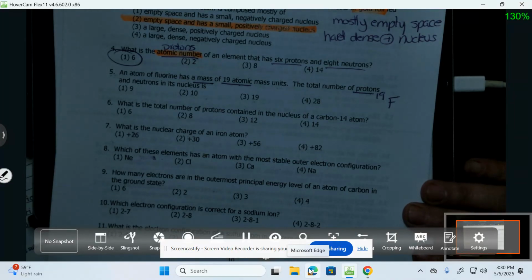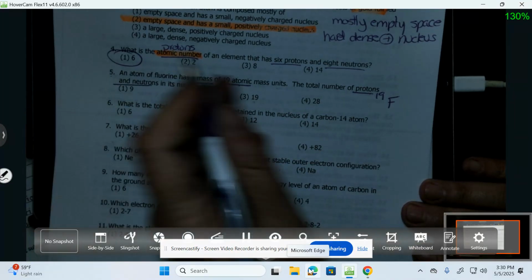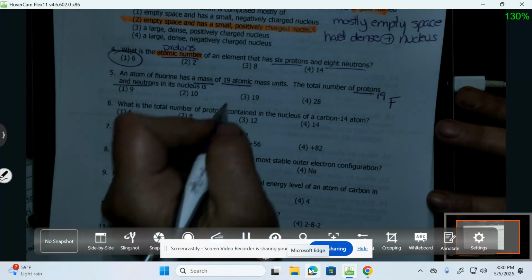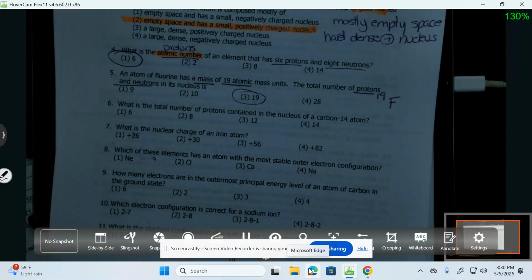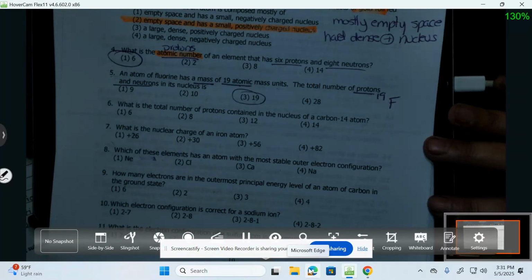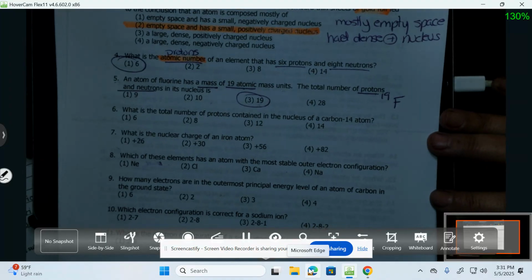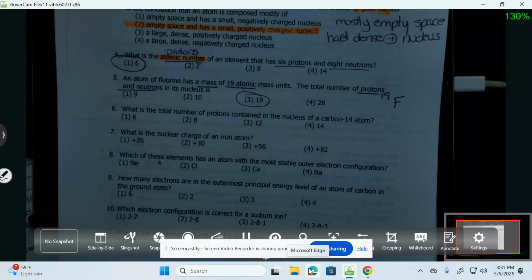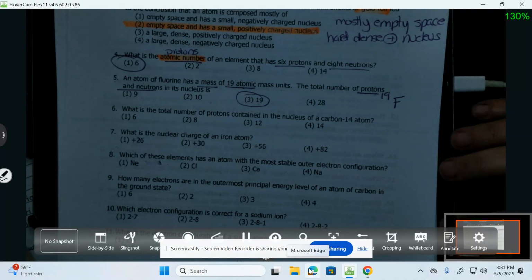The total number of protons and neutrons in its nucleus is 19. If they had asked us how many protons it has, where would you find that? Not 19 minus, no, protons. Just 9. If they asked you for how many neutrons, then it would be 19 minus 9.